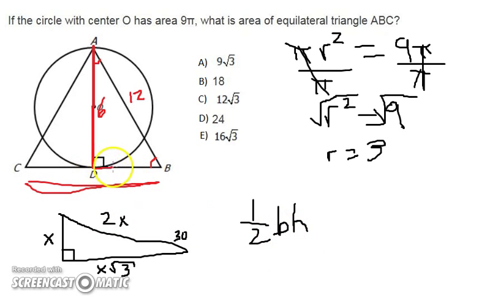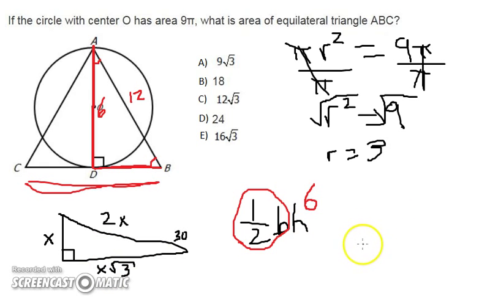But we know this side is equal to x, where 6 equals x times the square root of 3. And this side is half of the base, which we've already got in the equation. And we know the height already equals 6.